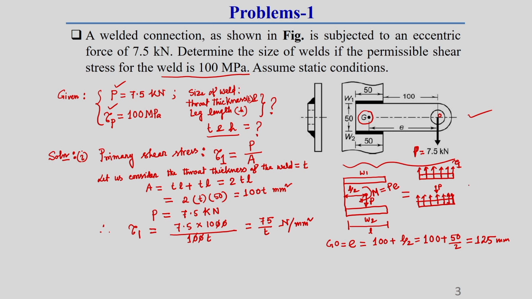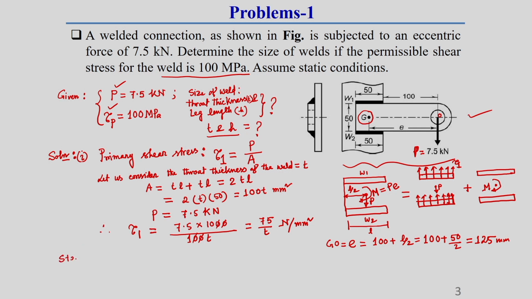Now, due to this moment, or couple M, a secondary shear stress will develop. So, now we have to find out the secondary shear stress, this is step 2.